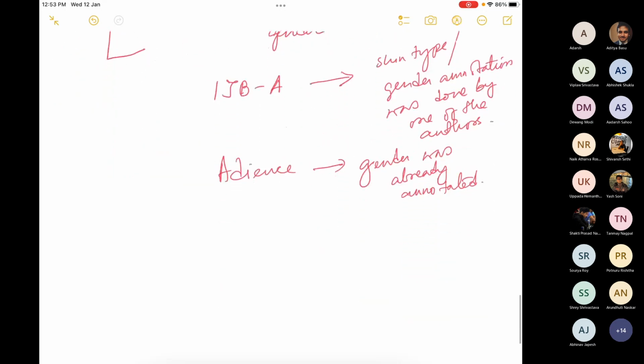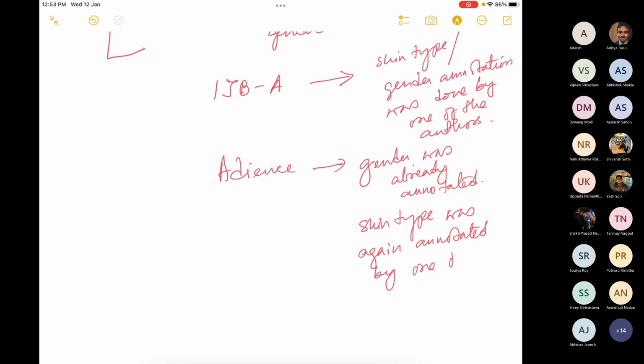And the skin type was again annotated by one of the authors. So this is how they did the annotations of the two benchmark datasets.